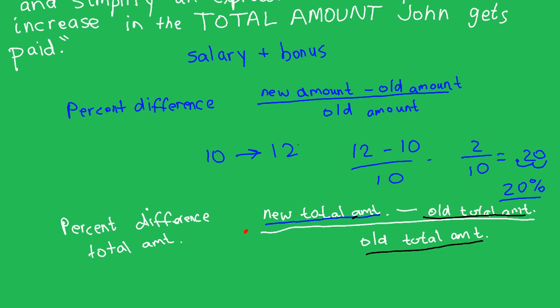We went from the general percent difference formula, new amount minus old amount over old amount, to applying this to his case, and now we're going to get expressions for the new total amount and the old total amount. Keep in mind here that the bonus is going to stay the same no matter what. It's always going to be $20,000.